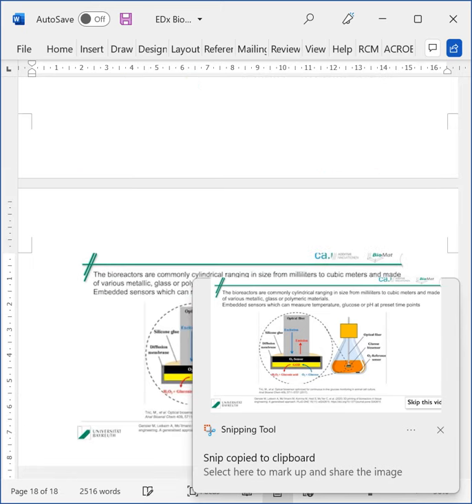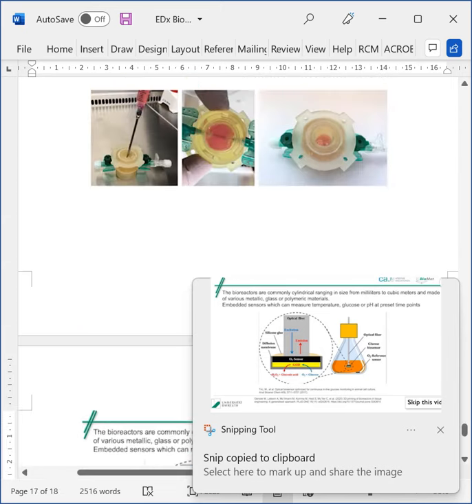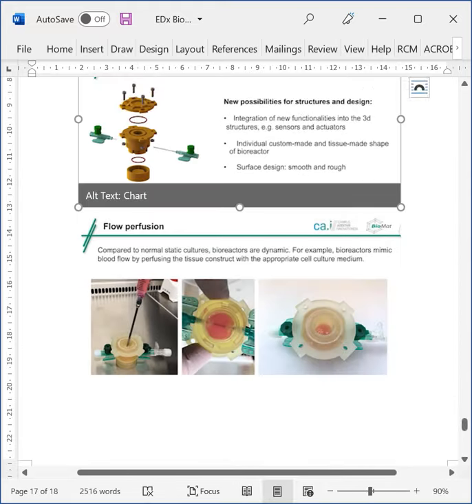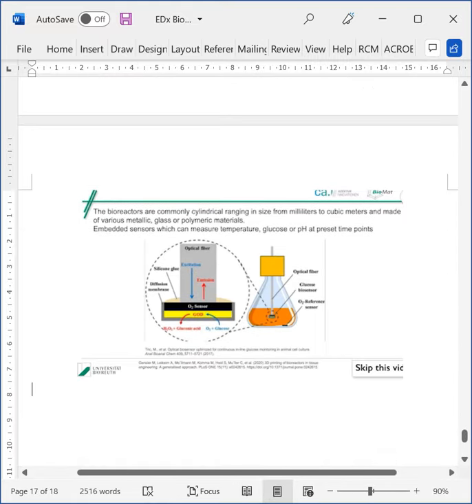It's very important to know something about the O2, the pH, the lactose, the glucose, but also the flow of the medium, which is pumped into and out of the bioreactor. And these are some potentials about integration of sensors, not only attaching the sensors, but integration of the sensors into the three-dimensional structure of the bioreactor.